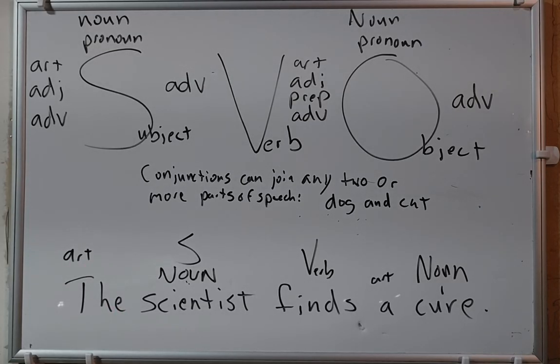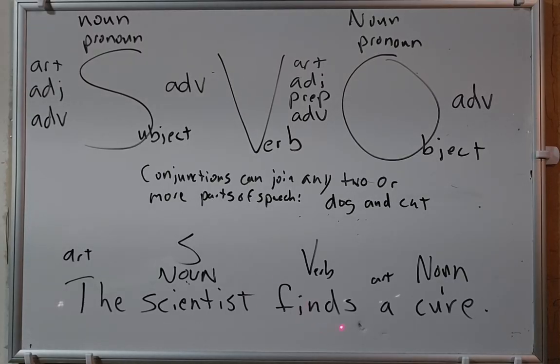Articles tell us whether it is a specific scientist or any scientist. An means any noun. The means specific noun. An means general noun. We will review articles in a following video.